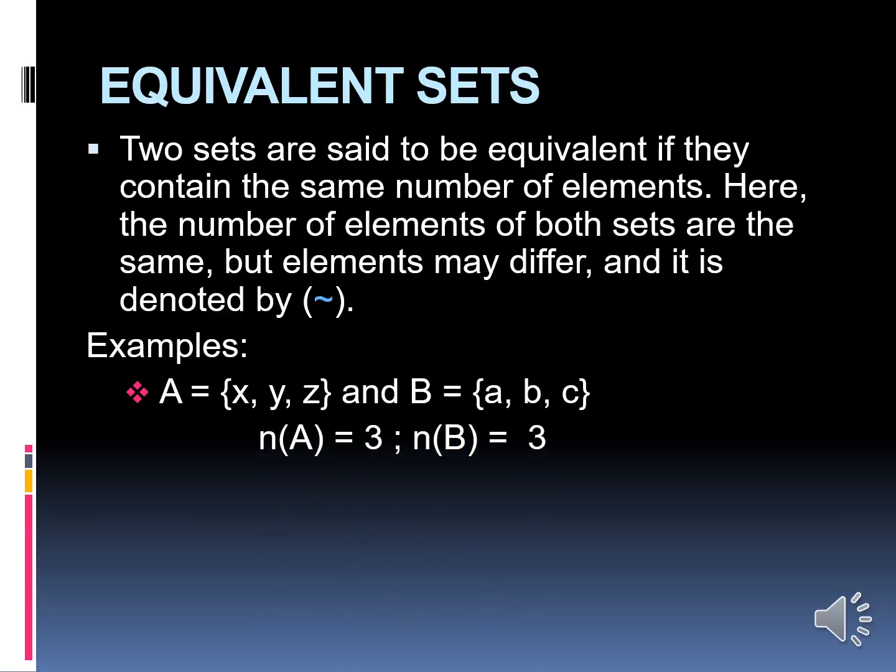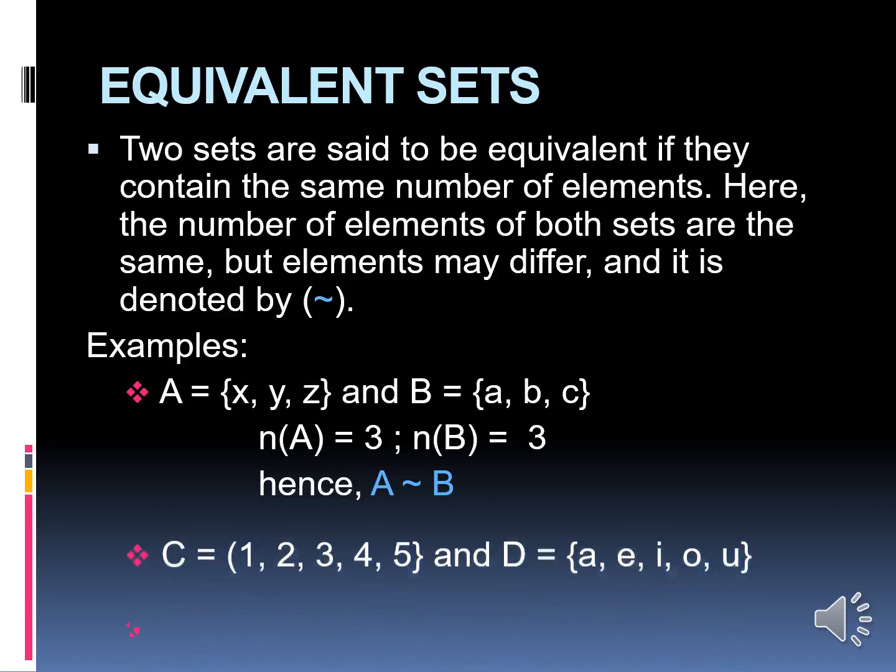There are three elements in A, denoted by the cardinality of A, which is 3. And there are three elements in B, or the cardinality of B is 3. Hence, A is equivalent to B.